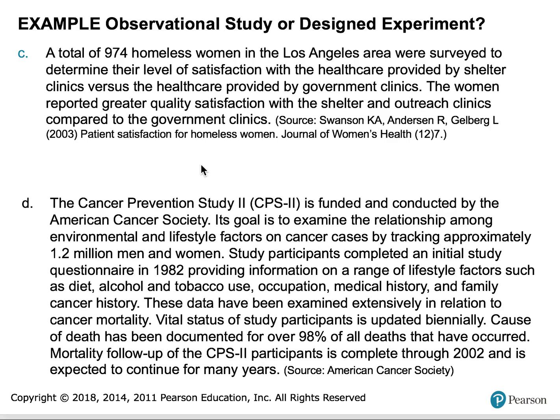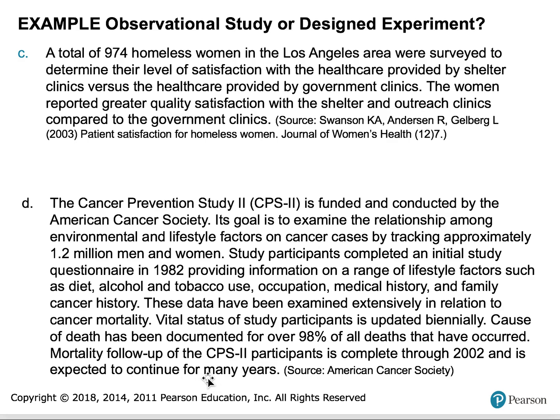These data have been examined extensively in relation to cancer mortality. Vital status of study participants is updated biennially. Cause of death has been documented for over 98% of all deaths that have occurred. Mortality follow-up of the CPS2 participants is complete through 2002 and is expected to continue for many years.